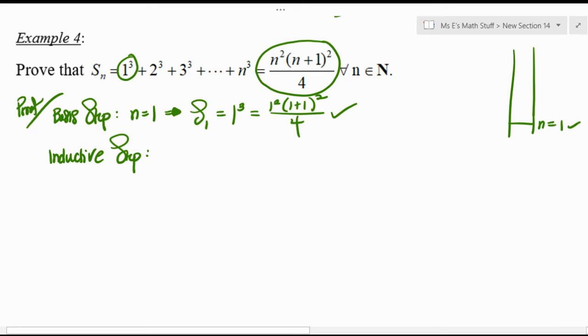Okay, remember there are two pieces to your inductive step. There's your assumption, and then there's the burden of proof piece. So let's get started with the assumption.